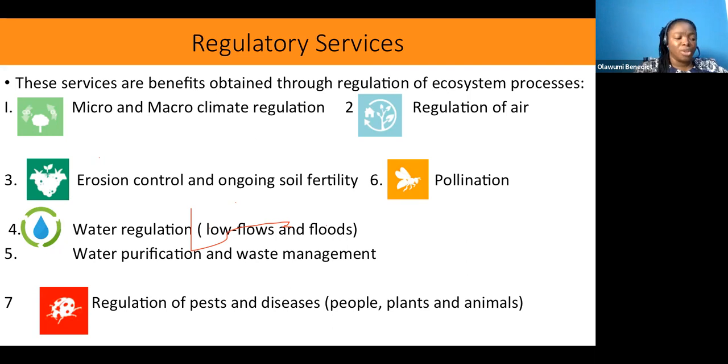Then we have water regulation. We have the recurrence and extent of runoff and flooding, and the recharging of the aquatic environment happening in our environment. How do we ensure that this aquatic life is not destroyed by some of the things that we do? Then we have water purification and waste management.